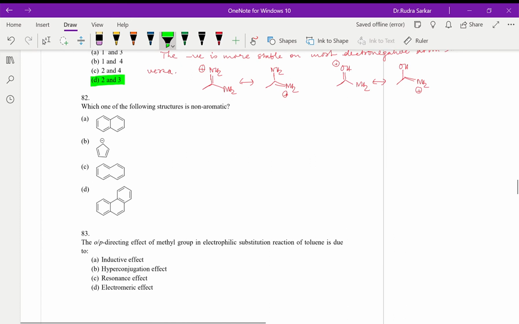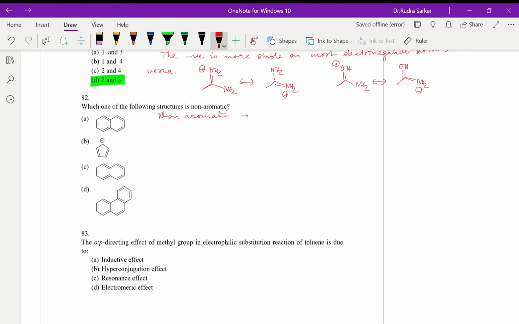Question: which of the following structures is non-aromatic? For non-aromatic, if either of the things is satisfied, then it will be non-aromatic.